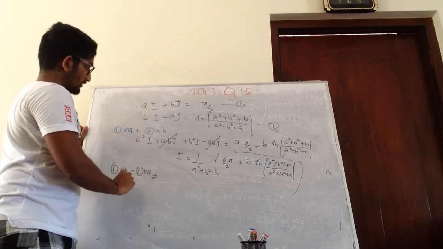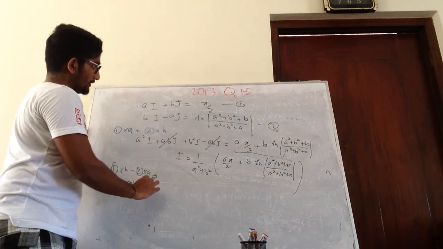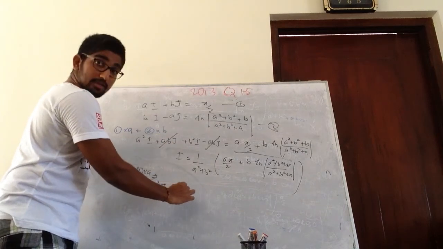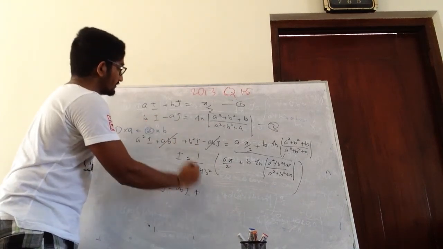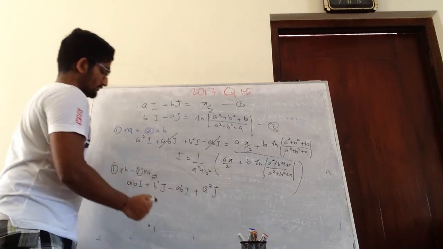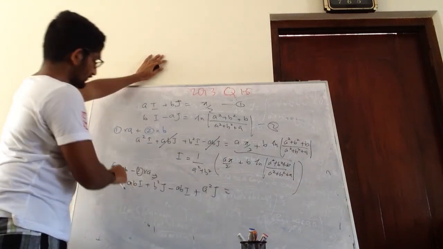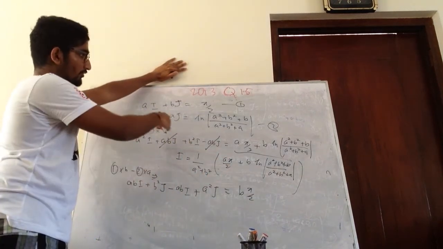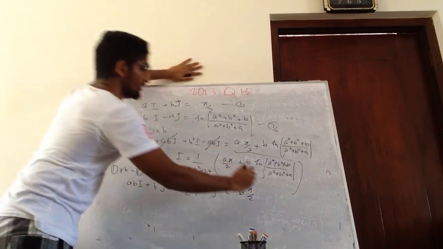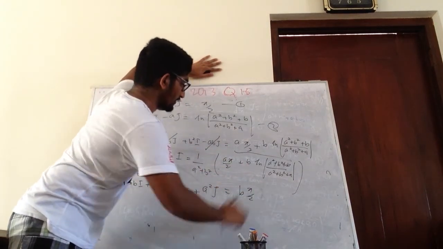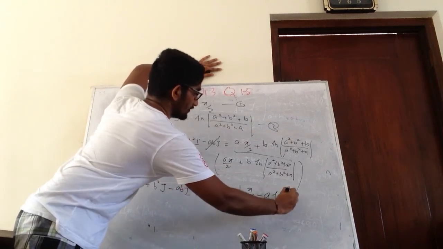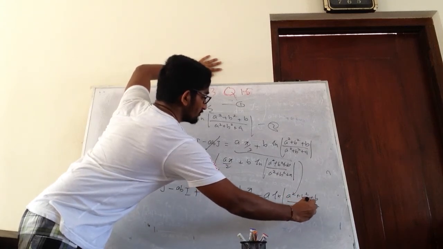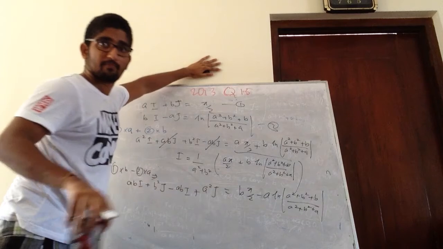So I'll get abI plus b squared J minus abI plus a squared J. When you multiply the first by b, this is going to be b times 5π/2, and if you multiply the second by a, you will get minus a ln of a squared plus b squared plus b over a squared plus b squared plus a.